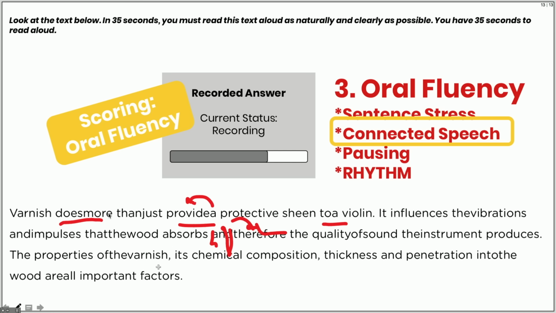The properties of the varnish, its chemical composition, thickness, and penetration into the wood are all important factors. So what's going on here is connected speech.